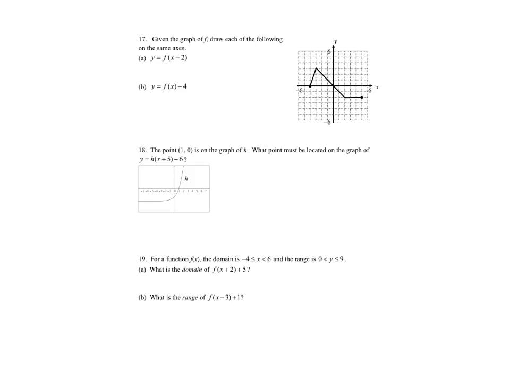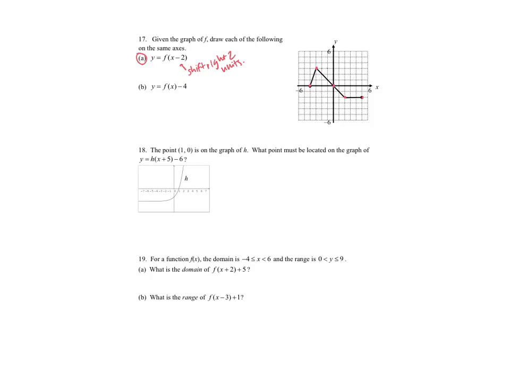All right, so now I want to graph on the same axes, so I'll color code here. For this one, I'll do in red. I want to do f of x minus 2, and what that's going to do is shift to the right 2. I'm going to take each of these main points and shift them all to the right 2 units.